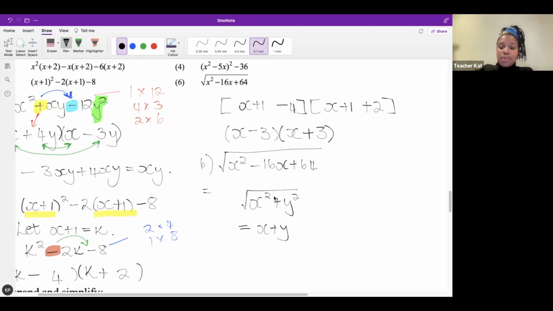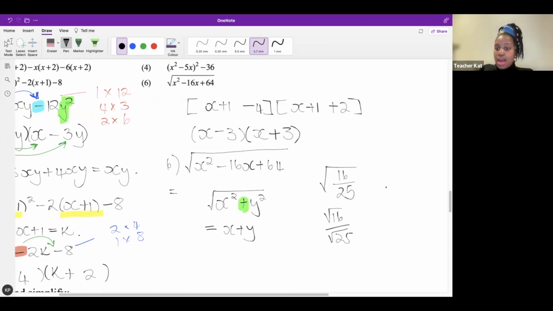No, you cannot split a square root if you have a positive or negative. You can only split it with times and divide. Remember the distributive law of exponents. So if you have, let's say, 16 over 25, then you can say this is the square root of 16 over the square root of 25 because we are dividing.